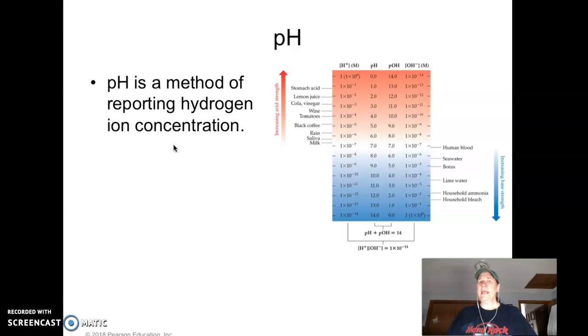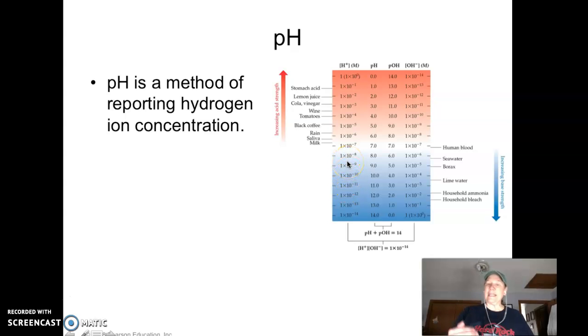But now remember, it's 1 times 10 to the negative 14th. So 1 times 10 to the negative first is a bigger number. These are the bigger numbers: negative first, negative second, negative third. Their pH, if it's 1 times 10 to the negative first, is 1. That is a very strong acid. 1 times 10 to the negative second is 2, and 3 and so on. And so these guys down here, these are the bases.